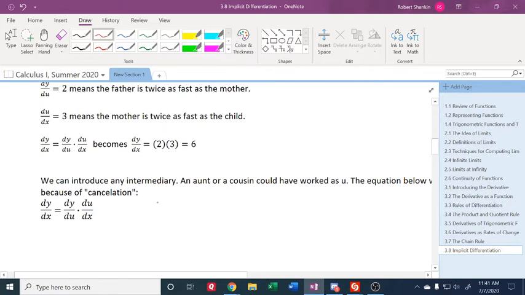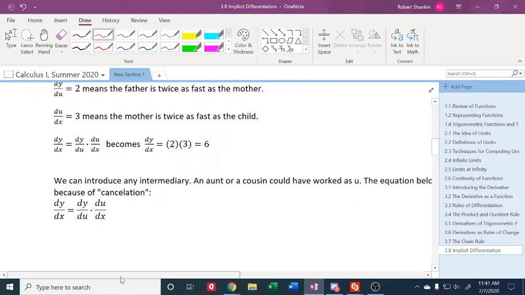All right, and we can introduce any intermediary. A cousin or an aunt would have worked as u. The equation below works because of a cancellation effect. This and this cancel out, and then we still get dy/dx.